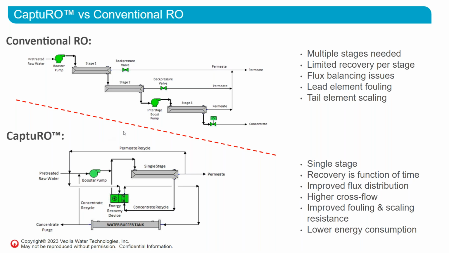Semi-batch RO technology also allows for independent control of the recovery, flux, and cross-flow, enabling flexibility and robustness in the design and operation compared to conventional RO systems. This further enables a more uniform flux distribution, lower energy consumption, and improved operational flexibility.